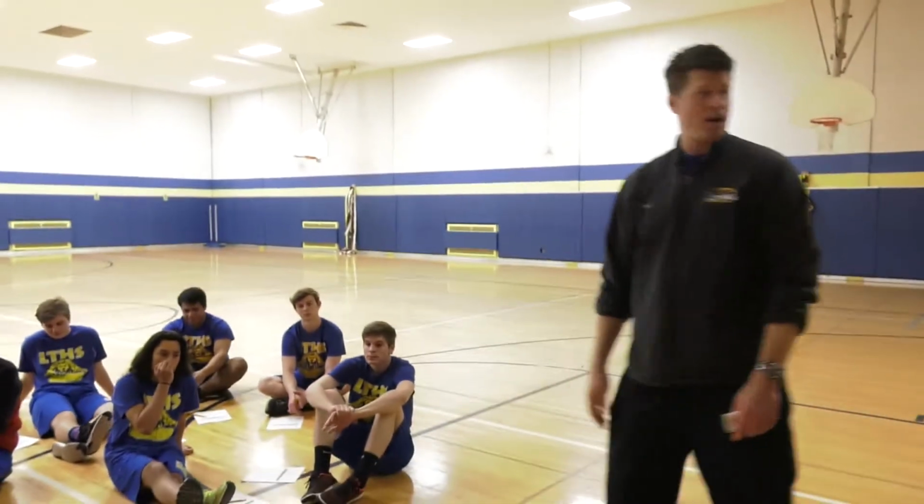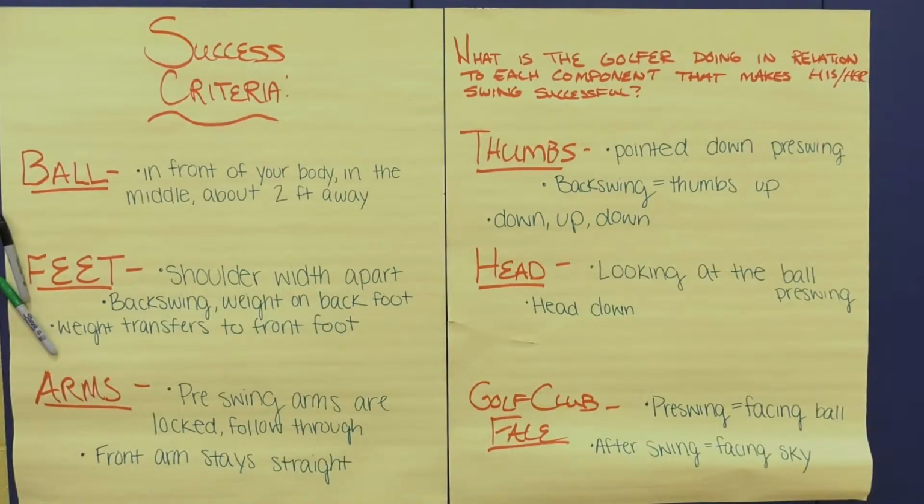Very good. Nice job. On Wednesday, you are going to practice one of the elements of the golf swing. By the end of the unit, every single one of you will know the 6 components of an effective golf swing.